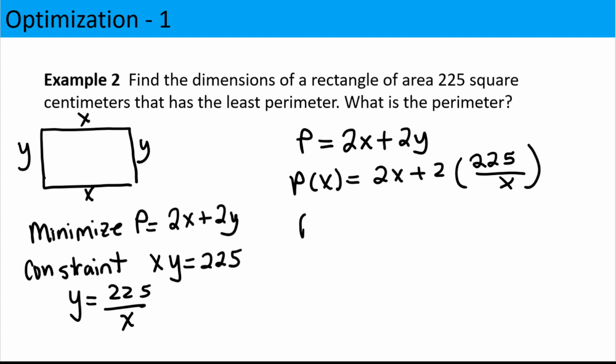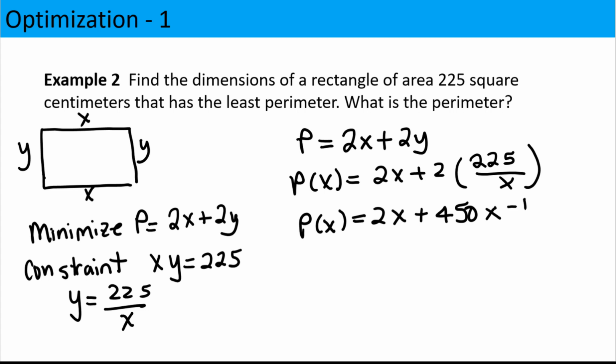We'll do some algebra, and we'll get P of x equals 2x plus 2 times 225, which is 450. And to make it easier to differentiate, we'll write the 1 over x as x to the minus 1.